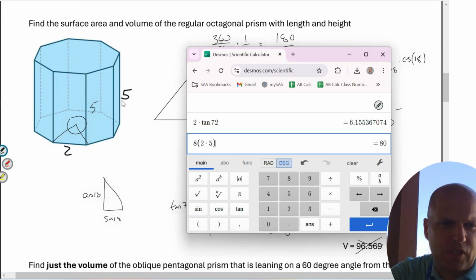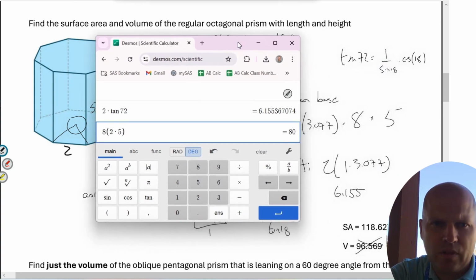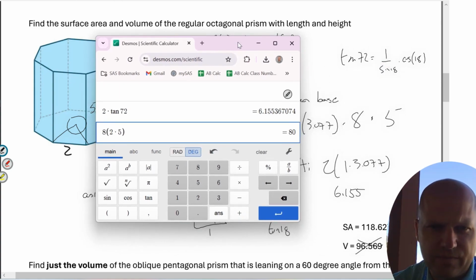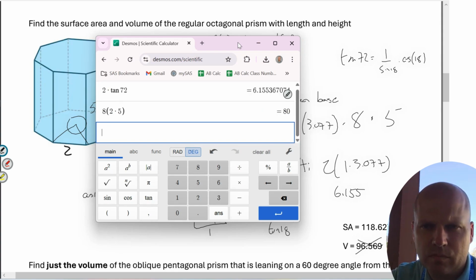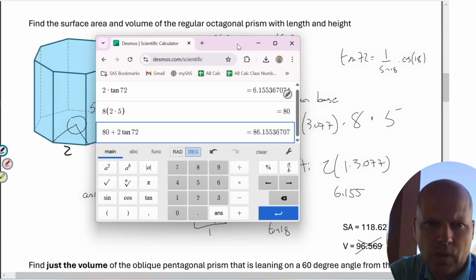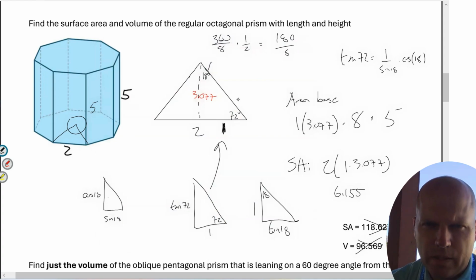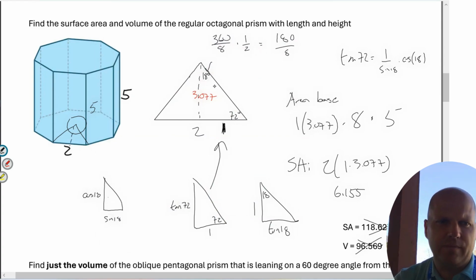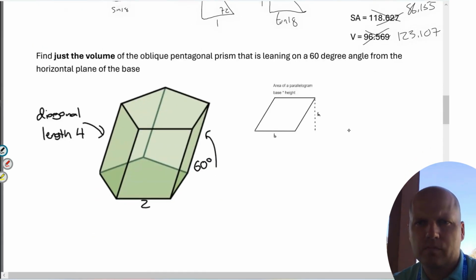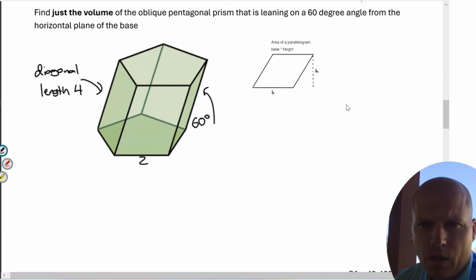So I have 80 plus 6.155. Maybe we thought that was 7. 86.155. Great. If this is 2, then half of the base times the height is that. Okay.